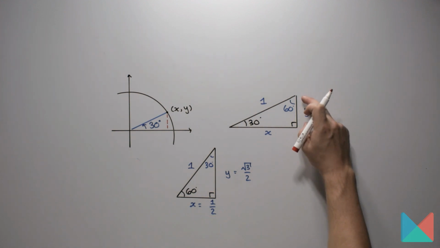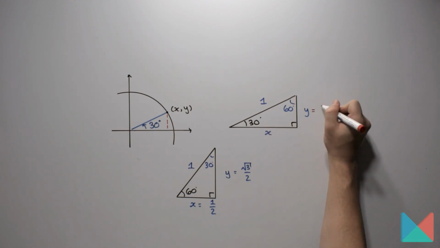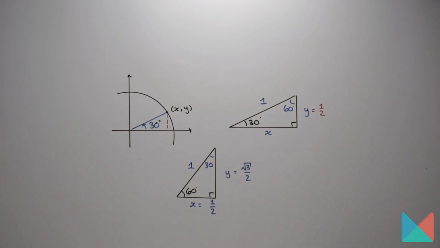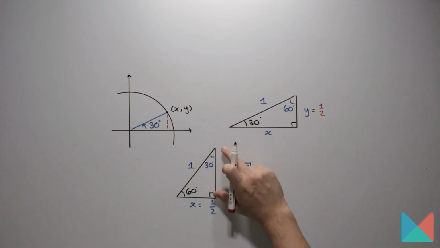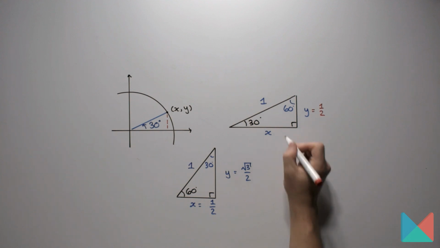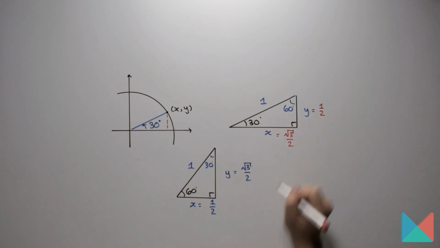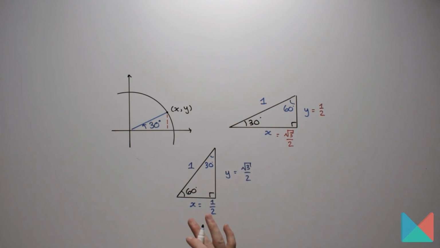And our right angle and 60 degrees is this height of our 30-degree triangle. And so this is going to equal a half. And that means that this side between our 30 and right angle is root 3 on 2. Now we have our xy coordinates at our angle of 30 degrees.